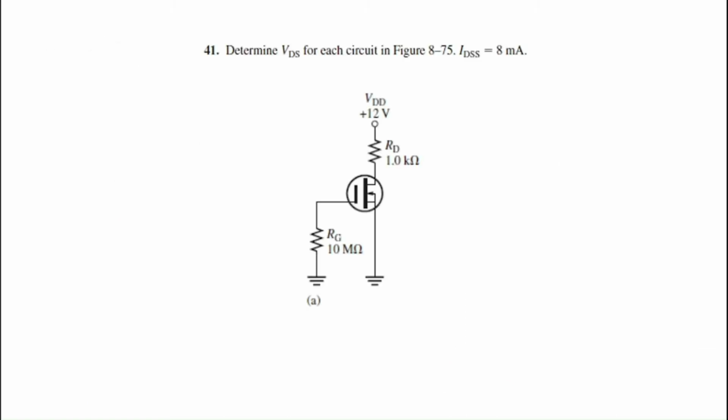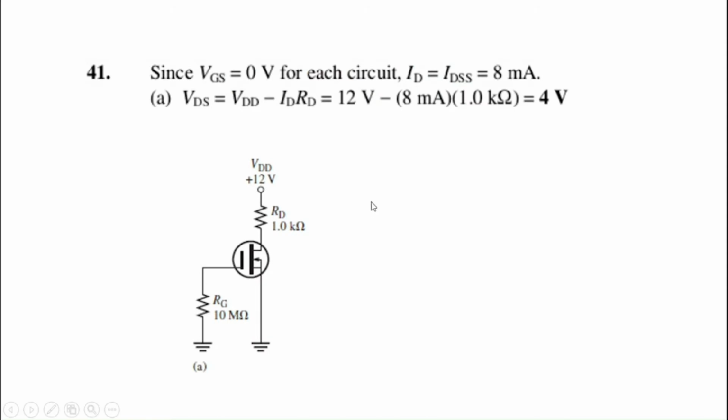Moving on to the third question, which is question number 41A of your textbook. We have to determine the VDS for this particular circuit, given that IDSS is equal to 8 milliamps. So we know that IDSS is given, so our IDSS is equal to our ID.